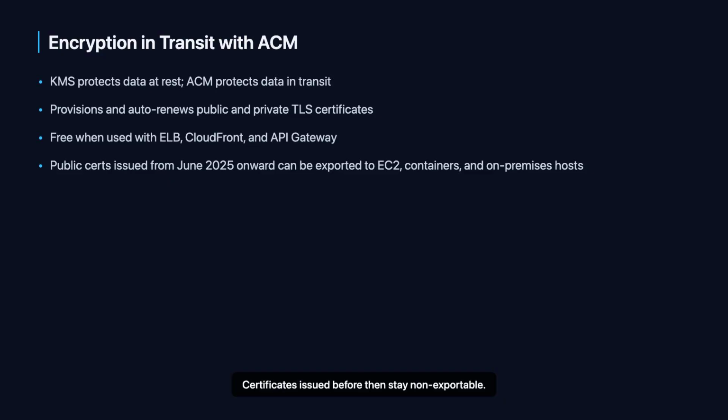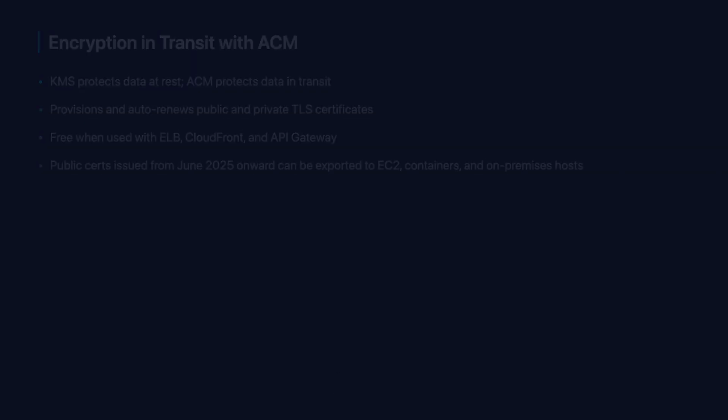Certificates issued before then stay non-exportable. The decision rule is simple. If you need to terminate TLS on your own compute, use an exportable certificate issued after that date. Otherwise, let managed services like the load balancer terminate TLS for you.